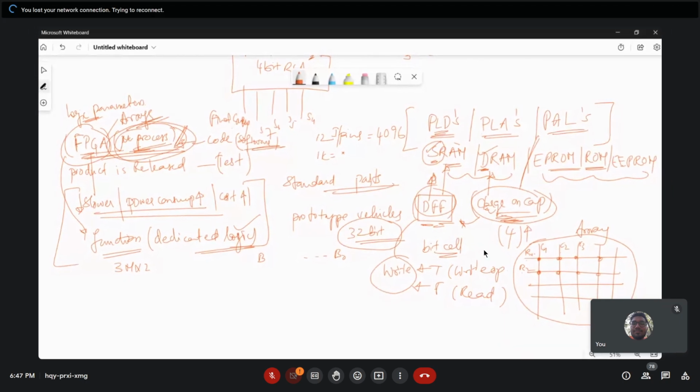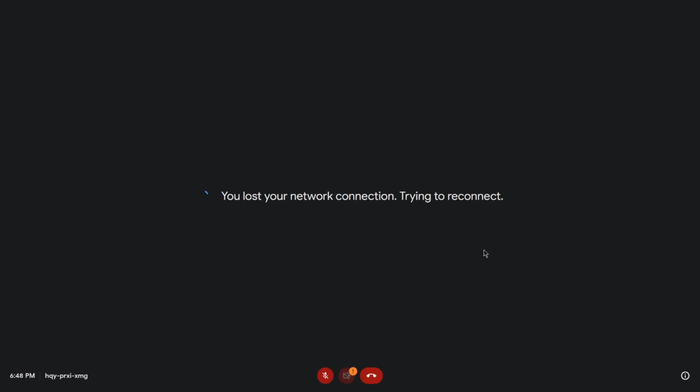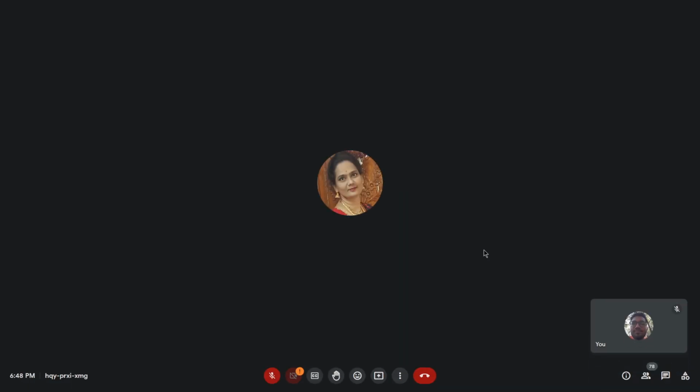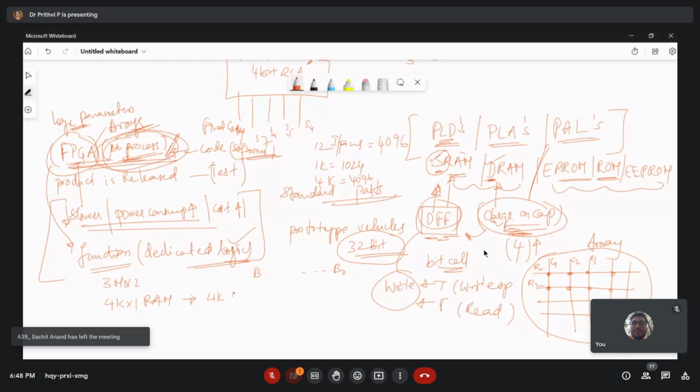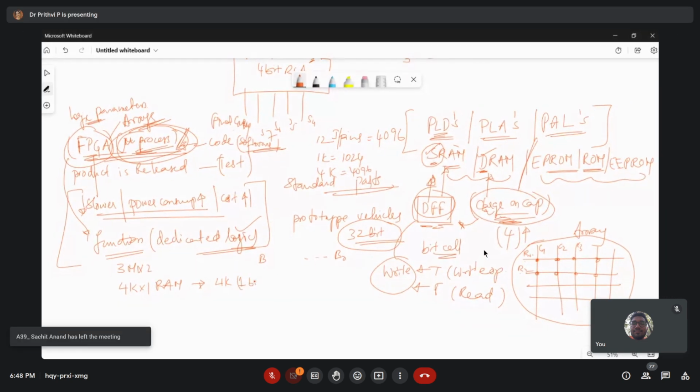This specification, containing how many, is 4K 1-bit words it will be having. 4K into 1-bit words it will be.